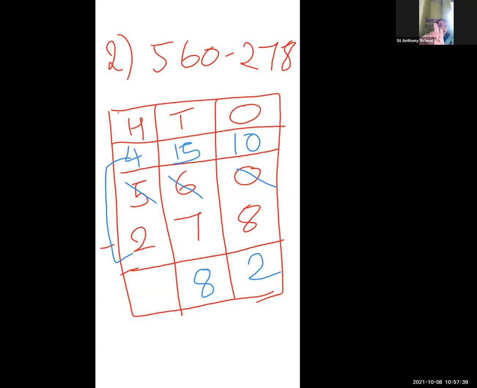So how many remain? 4 minus 2, how much remains? 2. What answer are we getting here? 282. So 560 minus 278 is equal to 282.